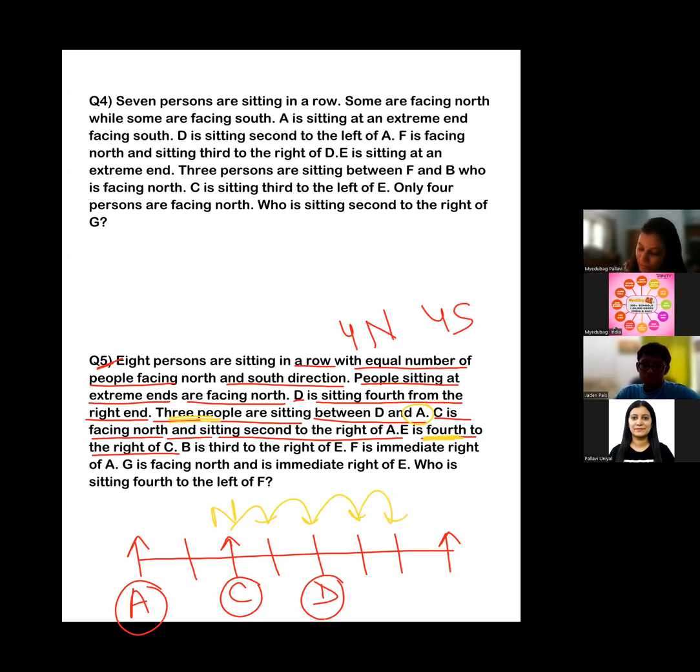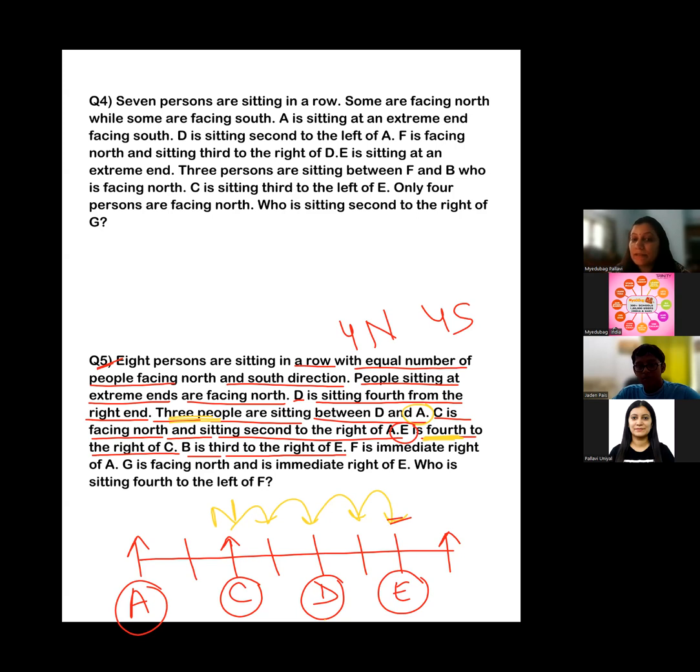So who is sitting fourth to the right of C? E. All right. So E will be placed 1, 2, 3, and 4 places to the right of C. Is it correct? Okay. Next point.